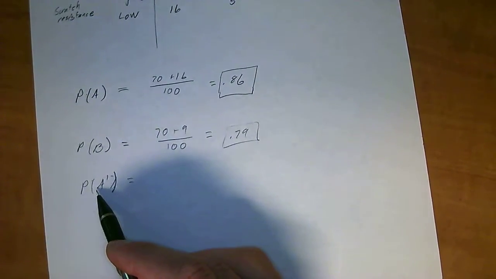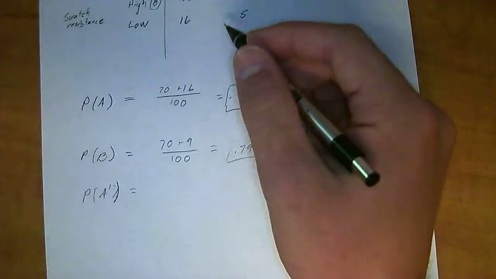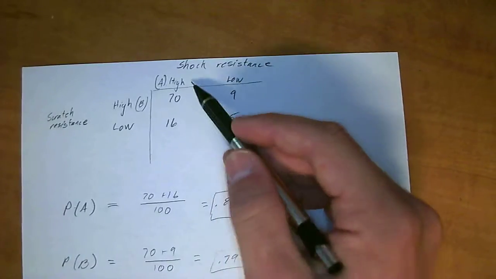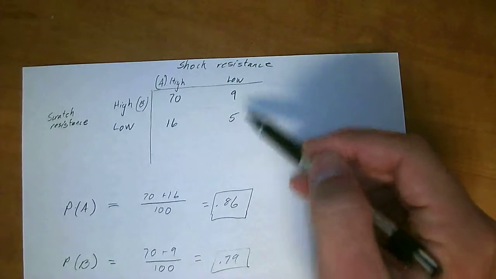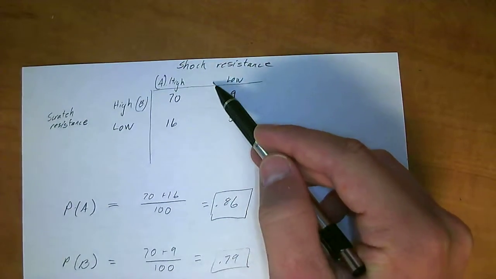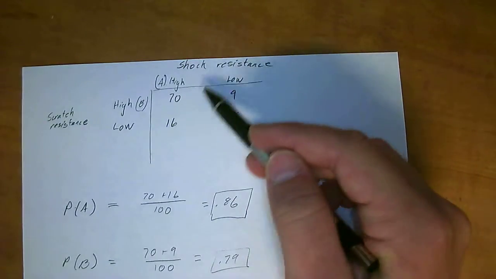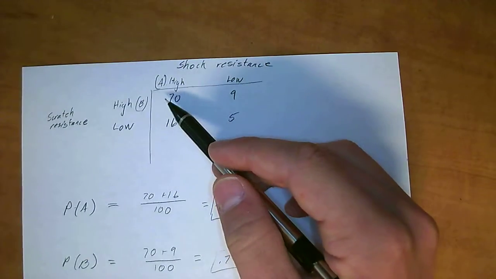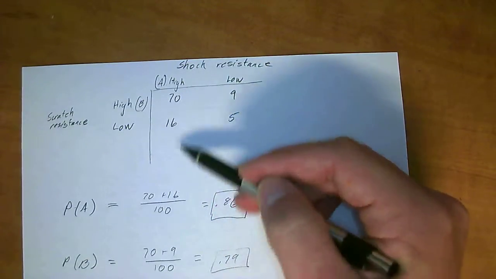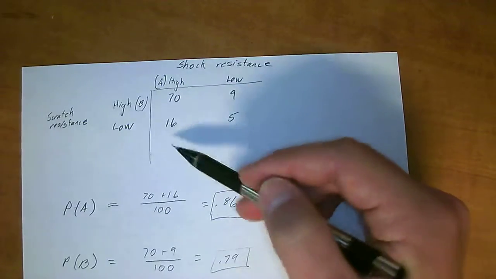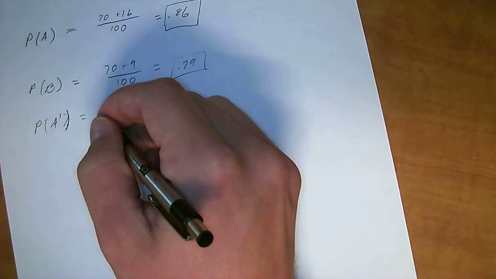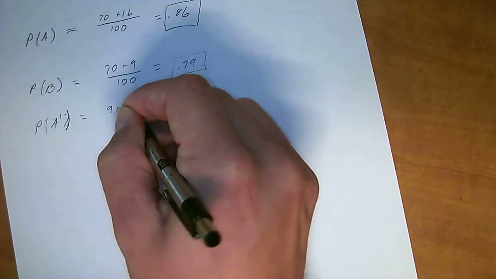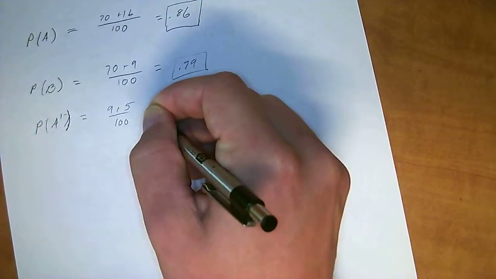Looking up at that, this all has high shock resistance, so not would be these over here, which have a low shock resistance. If there was a medium in here somewhere, then it would also be included in not. So anything outside of this row or column right here is a not. Looking at that, that's going to be 9 plus 5 over 100, which is equal to 14 over 100, which is equal to 0.14.